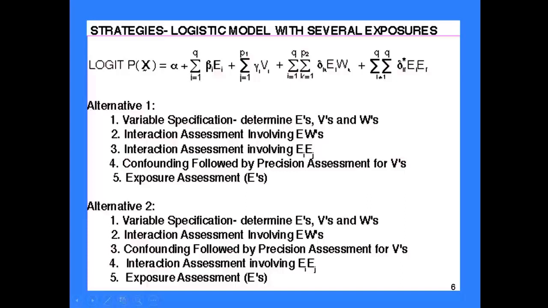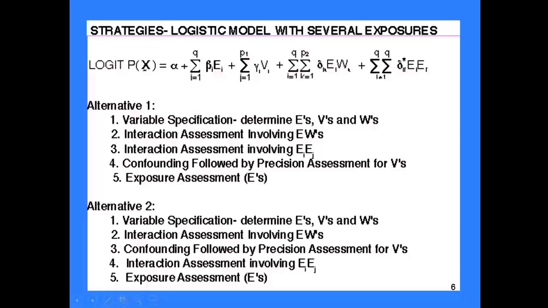Well, what about the third one? Third one's different. See it? What does the third one do? What's the third one on alternative one say? Well, once you deal with the initial model, and once you decide to deal with interaction like this, the next thing you do is deal with these interactions. Isn't that what that third step says?